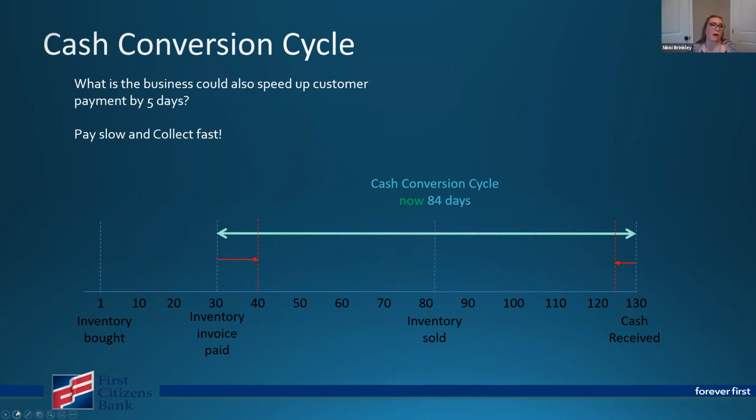And unfortunately, it didn't work out for him. But that is a perfect example of why understanding your cash conversion cycle, understanding when people are paying you and when you have to pay people, is so important to managing your money and operating a successful business. So we'll go ahead and move to the next slide.